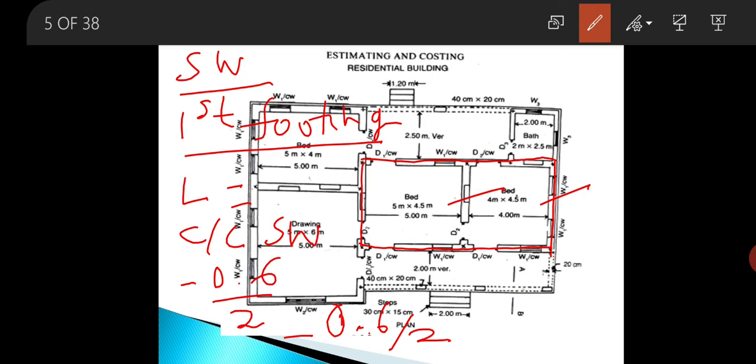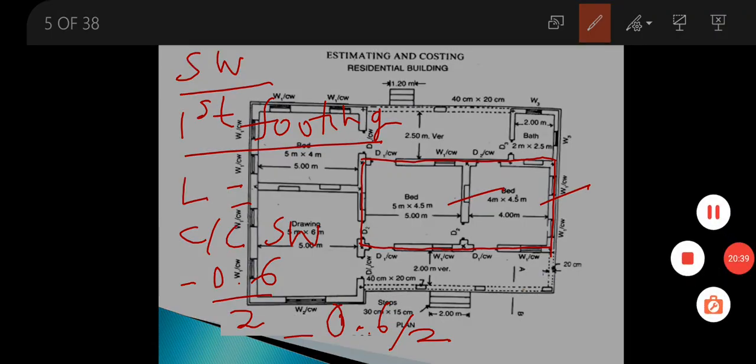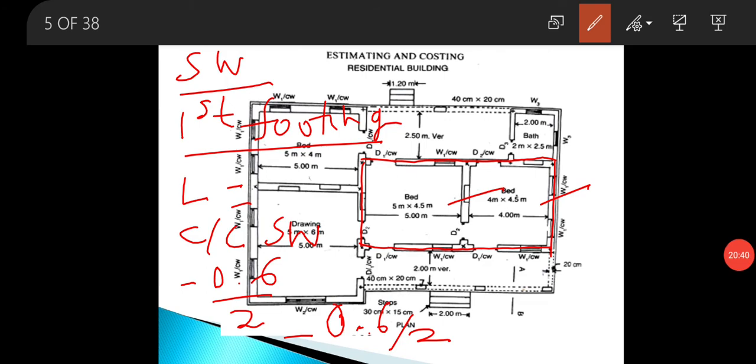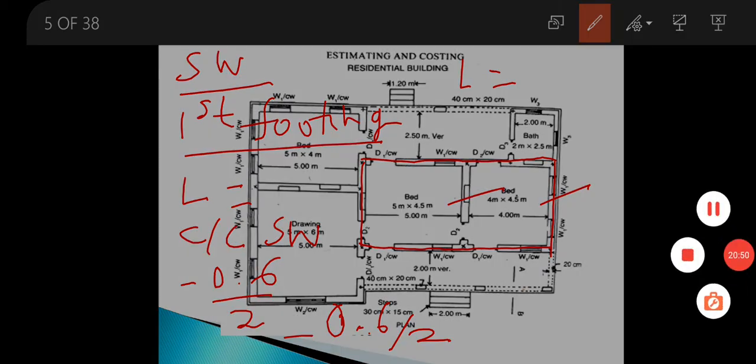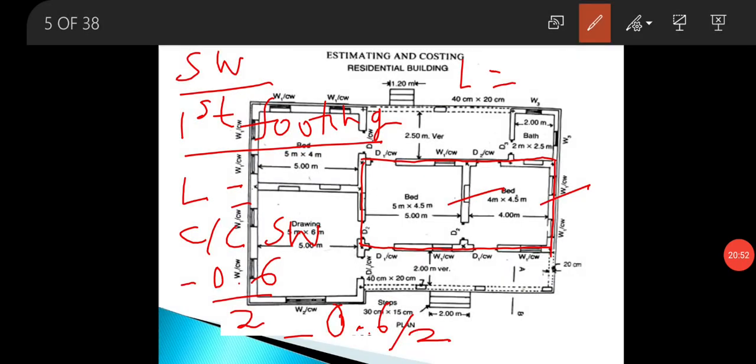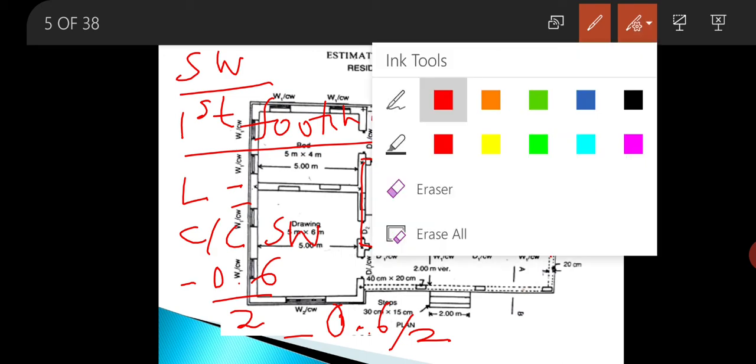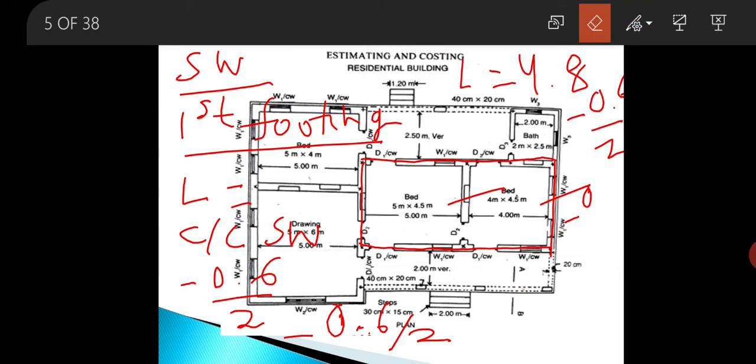Okay. So the net length will become, with the center to center length, the center to center length for this wall is 4.8. So from that subtract half of the width of the first footing from both the sides.